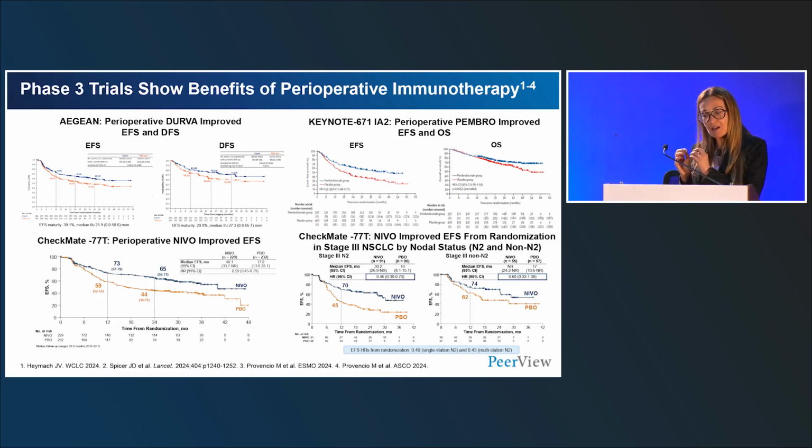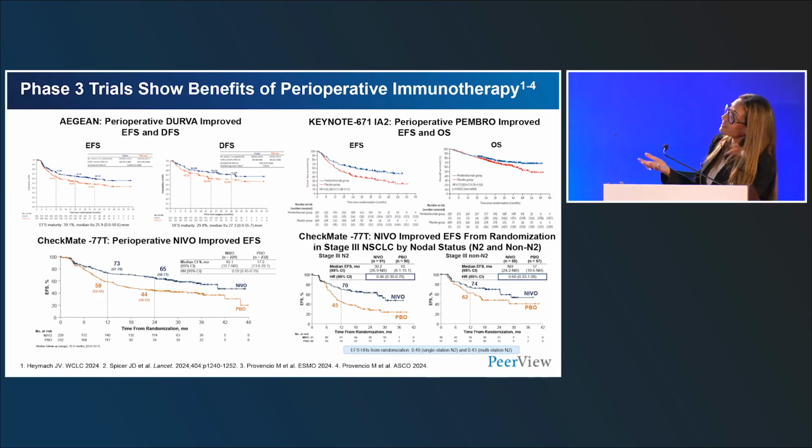And then one little change, if we had to think about this patient with stage 3 disease and with N2 nodal involvement, we thought that perhaps it could be very helpful for you to have this data. We know that the perioperative approach seemed to benefit patients with stage 3 disease. We have seen this across all the trials where you have stage 3 single and multi-station disease. We see there a magnitude of benefit that seems to be very encouraging.